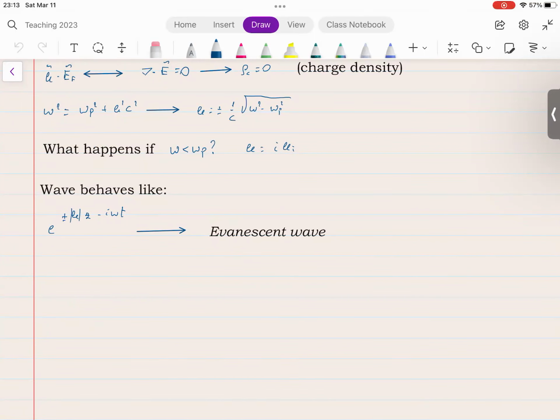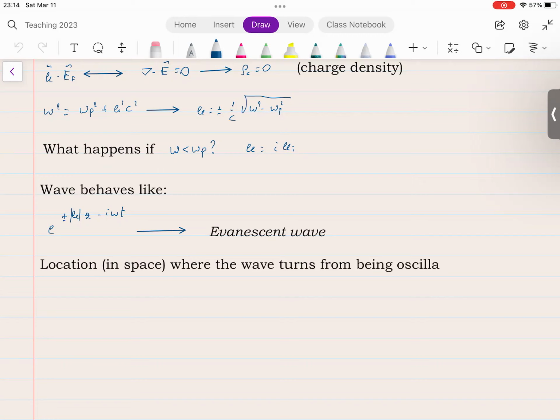And the location in space where the wave turns from being oscillatory to being evanescent is called a cutoff.